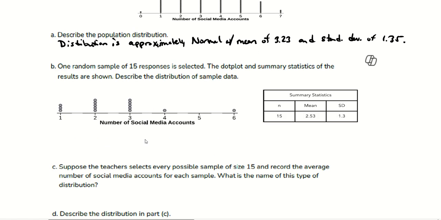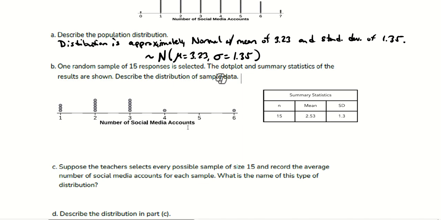In other words, you'd say it's normal, and then you get mu equals 3.23, sigma equals 1.35. Sometimes you would see that, and that's what it means: it's a normal distribution with a mean and standard deviation.